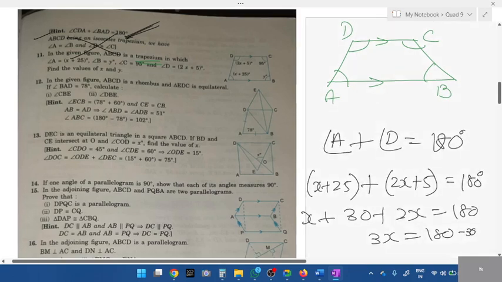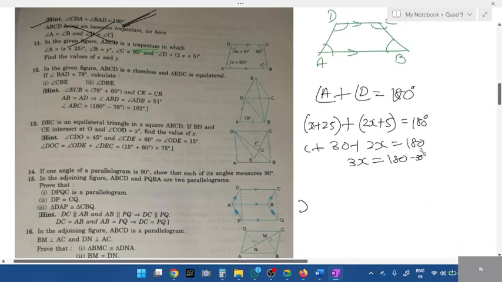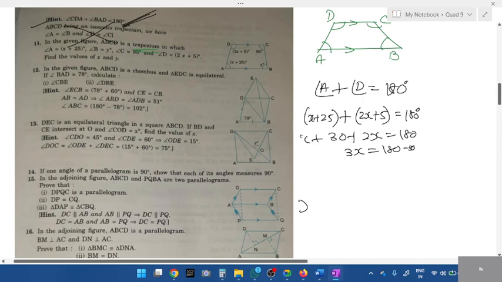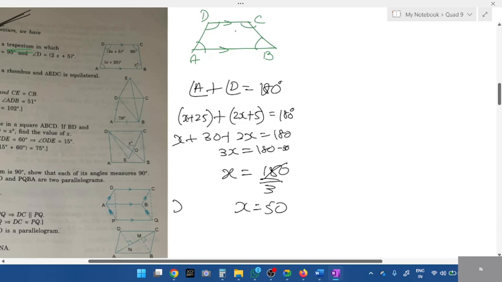Last question. x is equal to, that is 50, right? Okay. x is 50. So 95 is given.